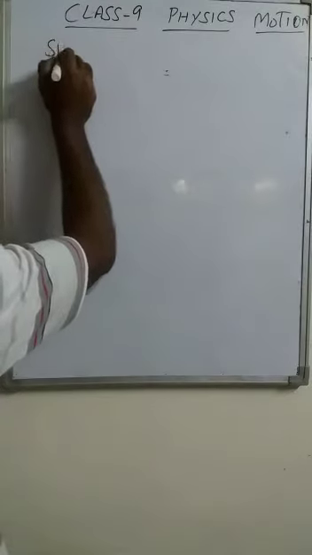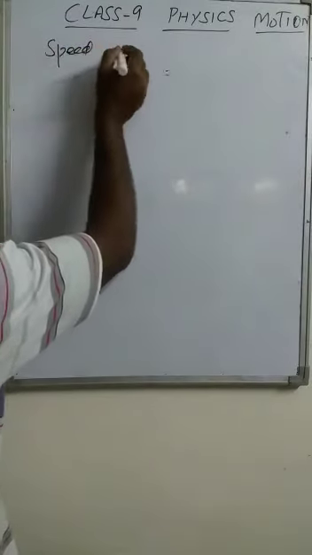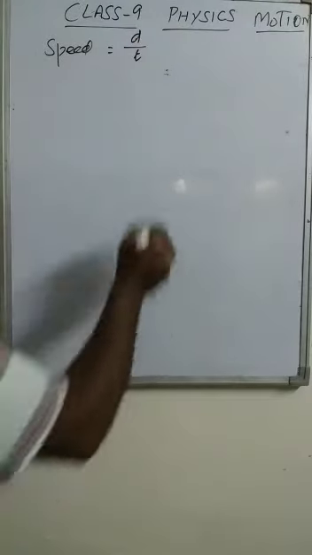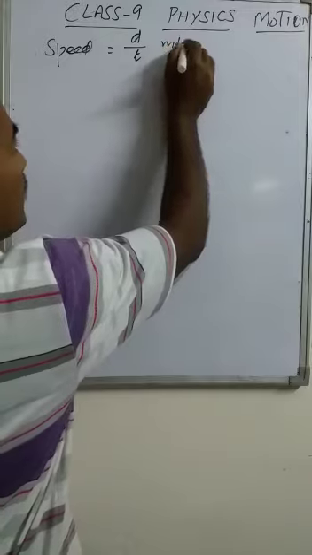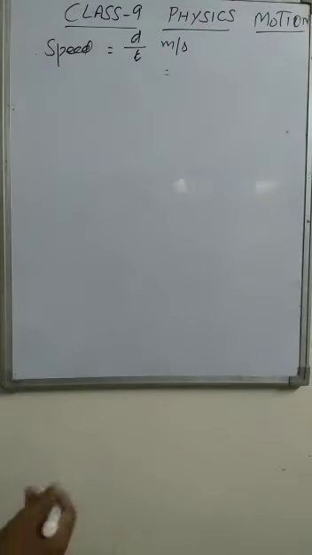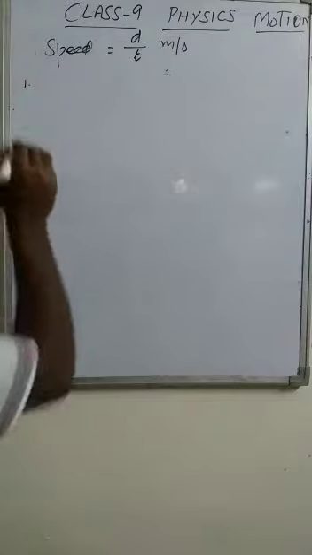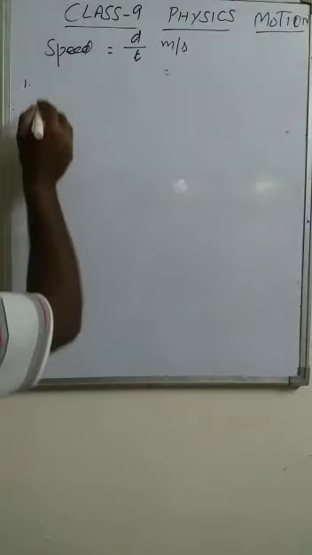We take the speed and we know the formula. It is d upon t, distance upon time. Unit is meter per second. Bigger unit is kilometer per hour. Here there are different types. Let me write first the types of the speed.